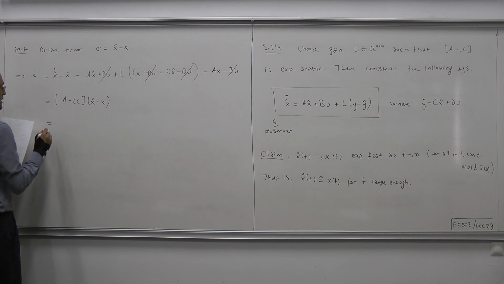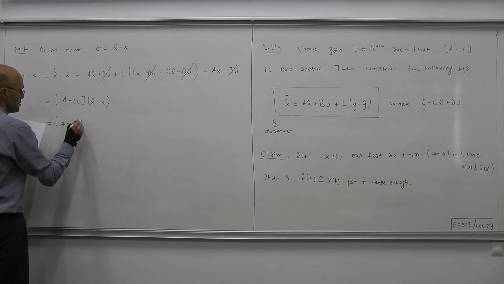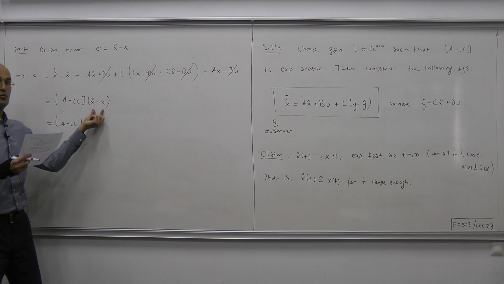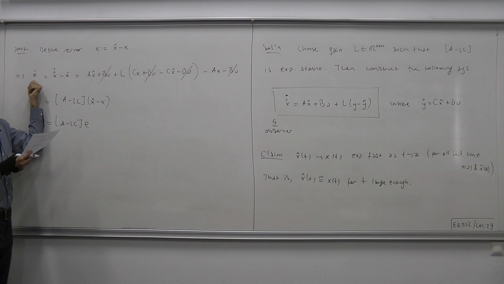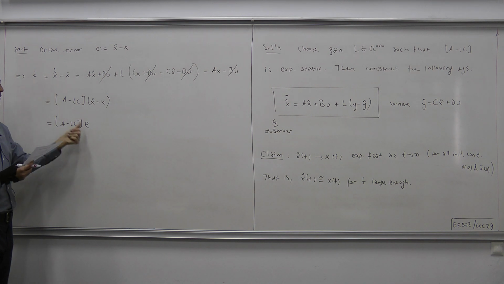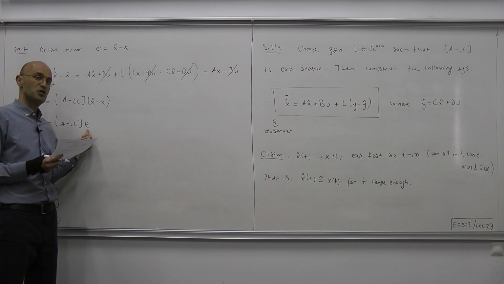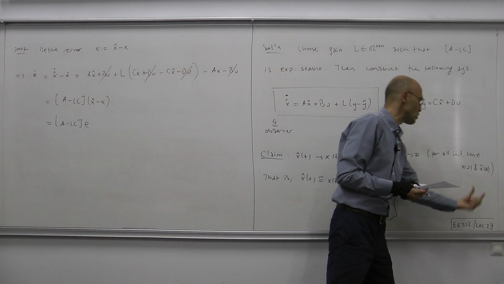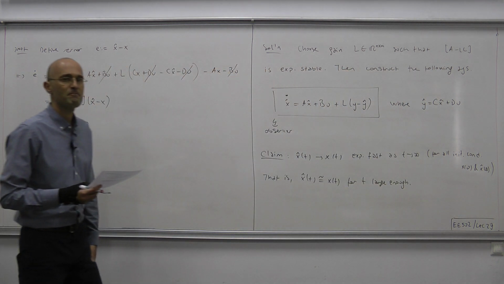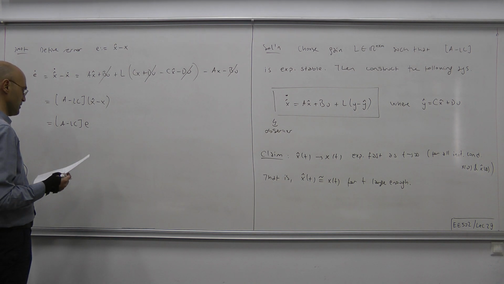And once you do that, you see that since this was by definition the error, the dynamics depend only on the initial condition for the error, and the initial condition for the error is simply the difference between the initial conditions of the actual state and the estimate.